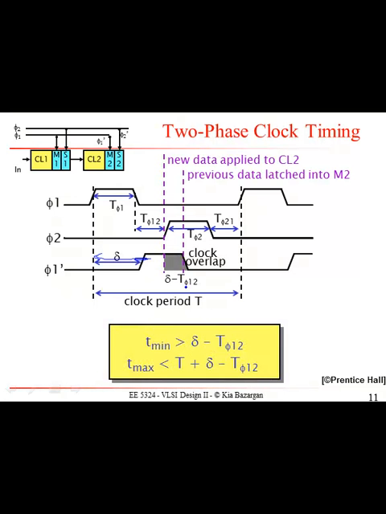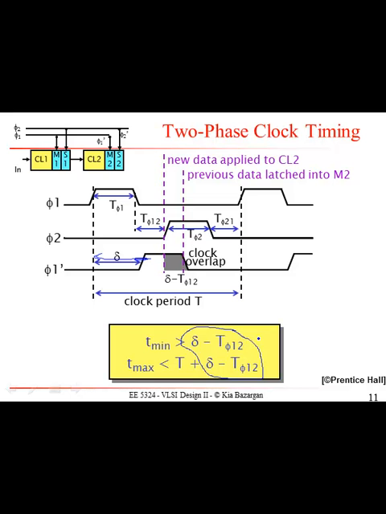So as I said, let me skip over and show you what this boils down to: your T min has to be greater than skew minus T phi12, and your T max has to be less than the period plus delta minus T phi12. So again, you can see that T phi12 is essentially offsetting your clock skew. If your skew is too high, you can use a larger T phi12, the separation between the two clock phases, to counter that.